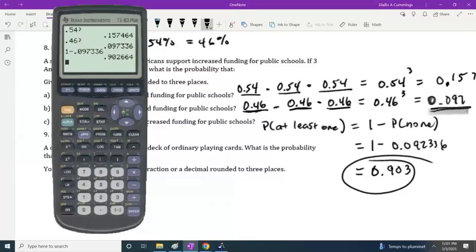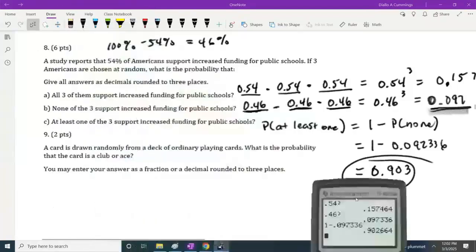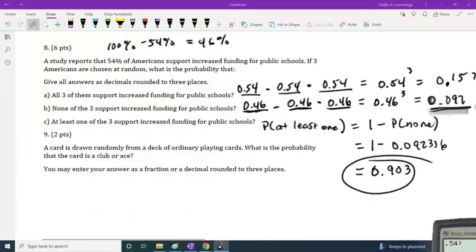And let me check that as problem. Yeah, 0.903. So notice for that problem, I did not use that rounded value. You should only round your final answer, for anything dealing with math.